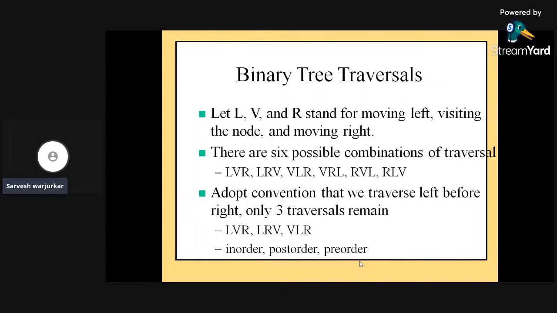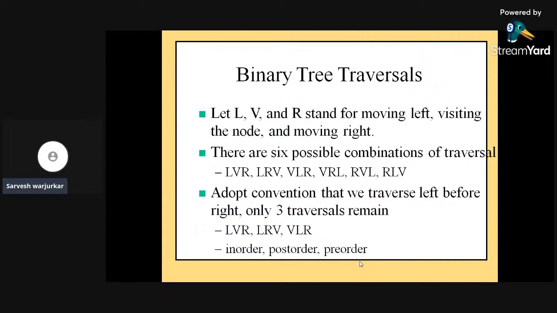The 6 possible combinations for traversals are: left, visit, right; left, right, then visit the root node; then root, left, right; root, right, left; right, root, left; right, left, root as well. To adopt the convention, we traverse left before right only.